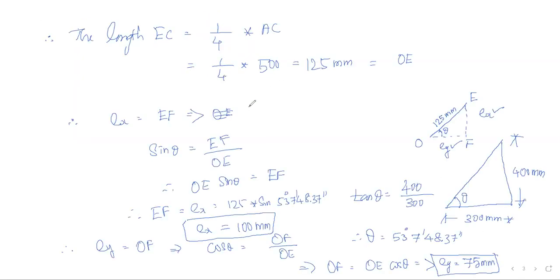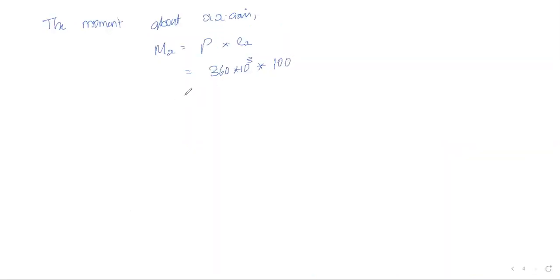So let us go further. The moment about the x-axis: Mx is equal to P into EX. The P value is 360 into 10 cube, into the EX value, 100 mm.